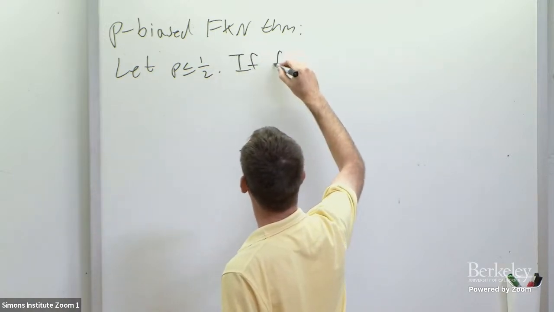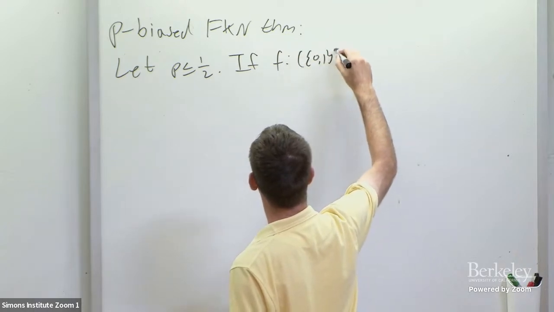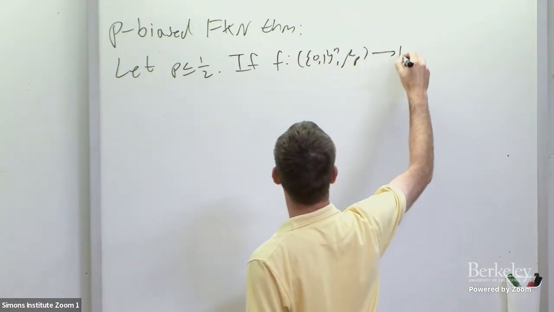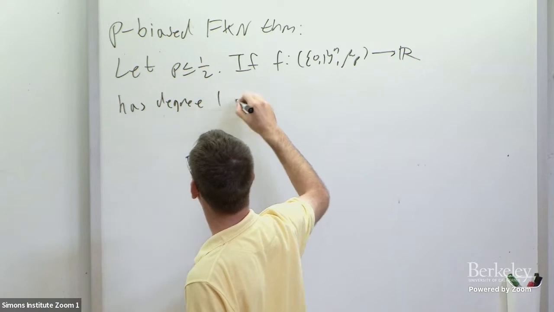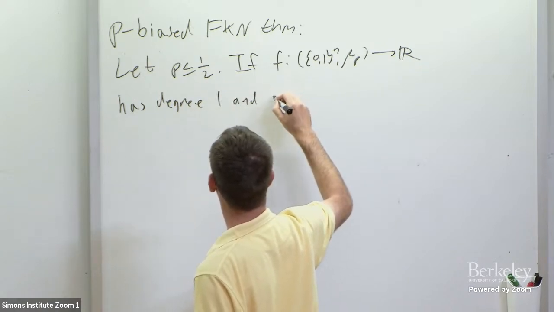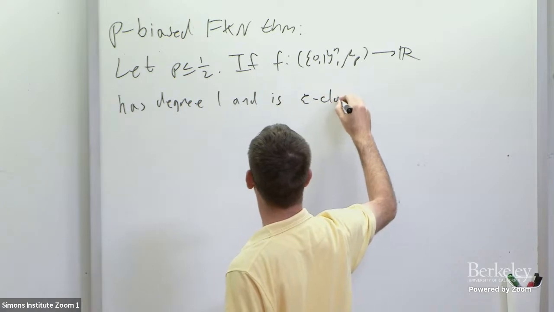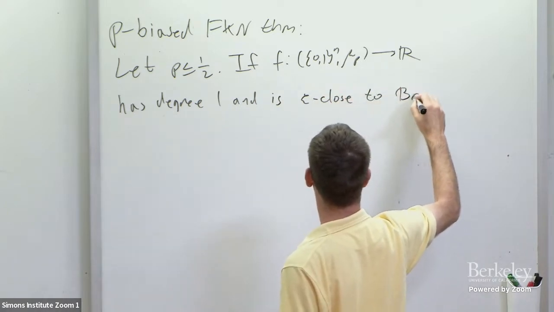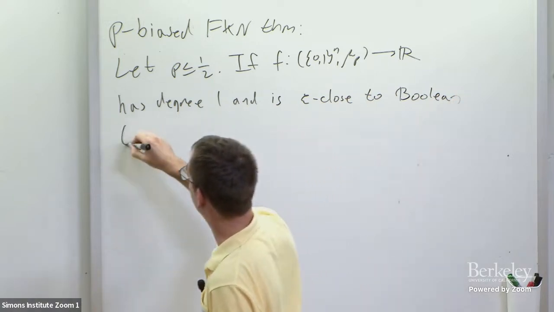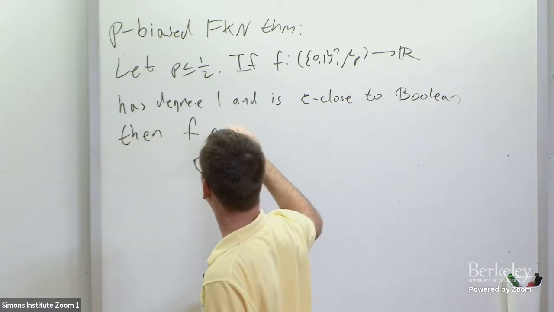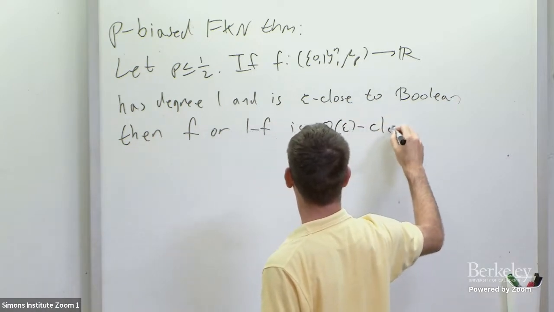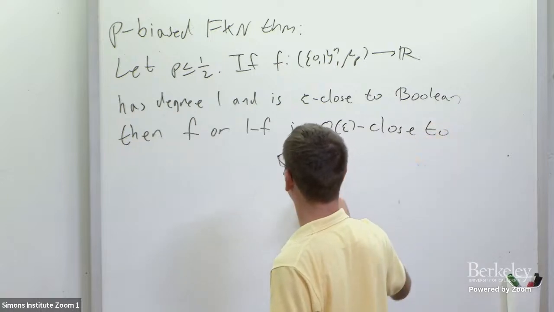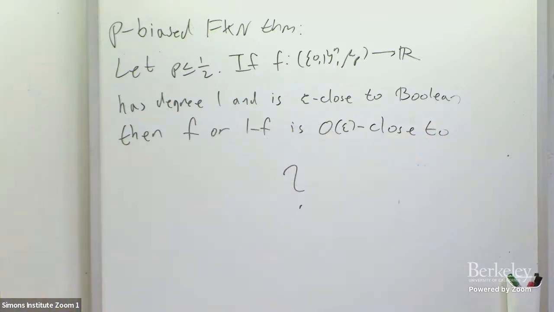If f from the cube to R, under mu_p, has degree 1 and is epsilon close to Boolean, then f or 1 minus f is order epsilon close to what? I already gave you some of the answer because I'm doing f or 1 minus f, but let's not worry about it.